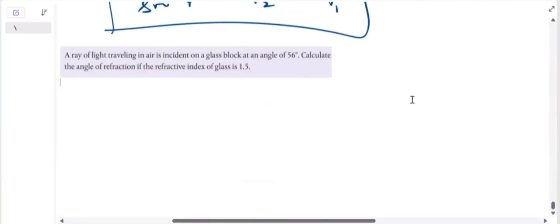A ray of light traveling in air is incident on a glass block at an angle of 56 degrees. Calculate the angle of refraction with the refractive index of glass.